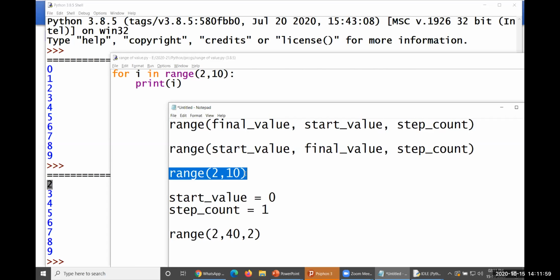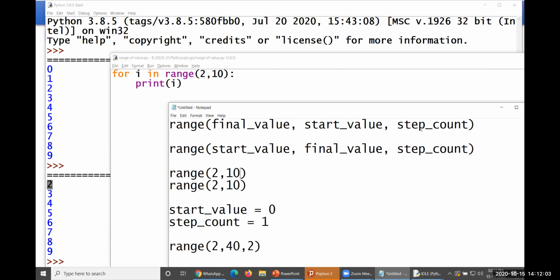Look at this. The first usage of range will be only a range of 10. Range of 10 in the sense that the default values of start value and step count, 0 and 1, can be used directly by the default parameters. And here the start value will be equal to 2 and the final value equal to 10. Then what about step count?